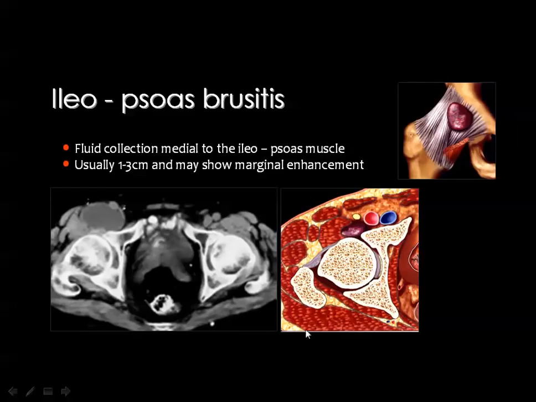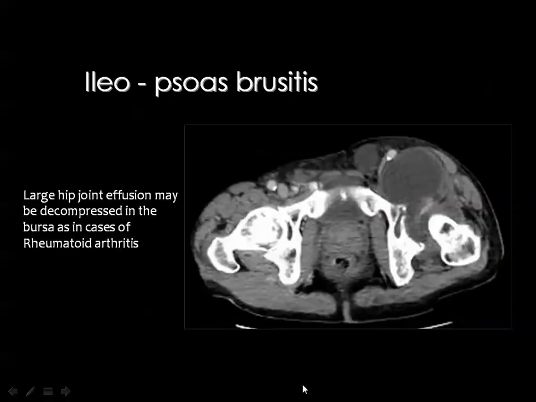And the iliopsoas bursa is sometimes continuous with the hip joint. And if this is the case, then hip joint effusion will be decompressed in the bursa itself. And as has been mentioned, this bursa is the largest bursa in the body.